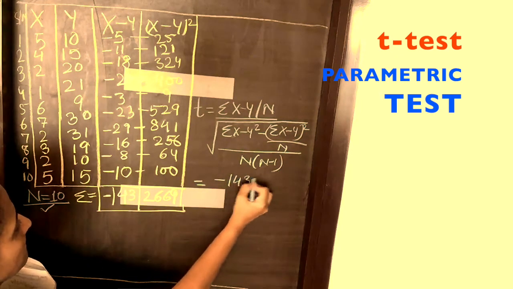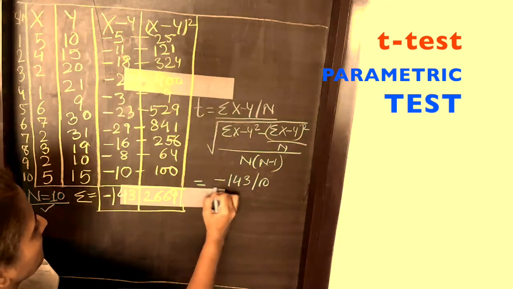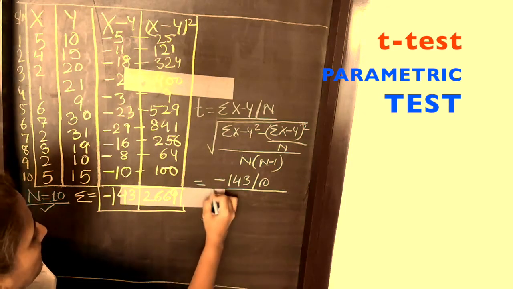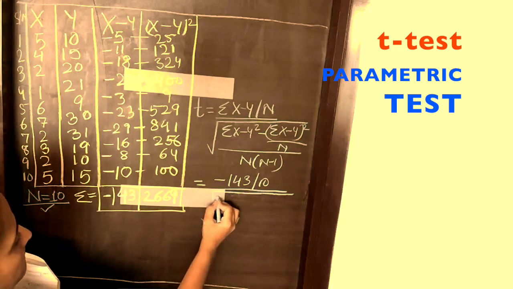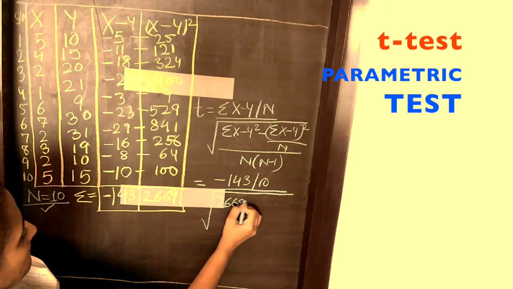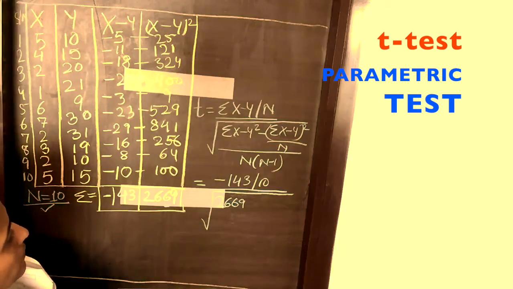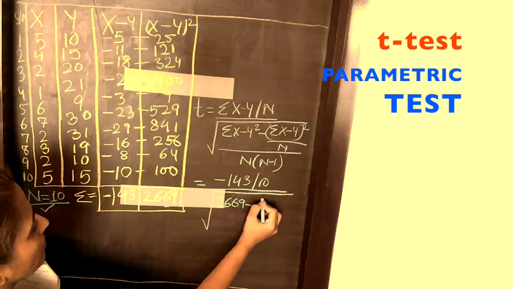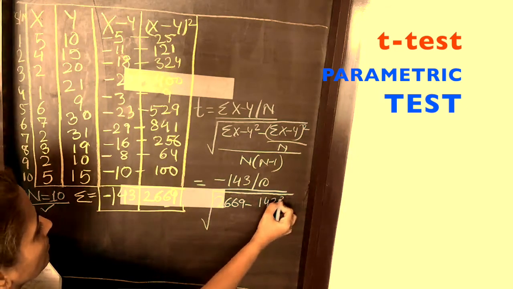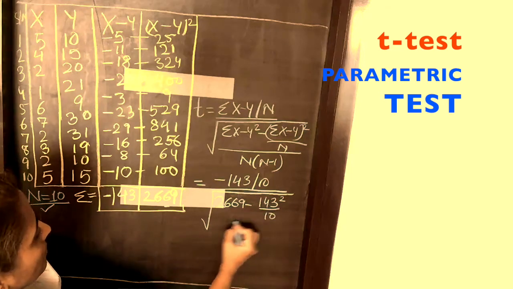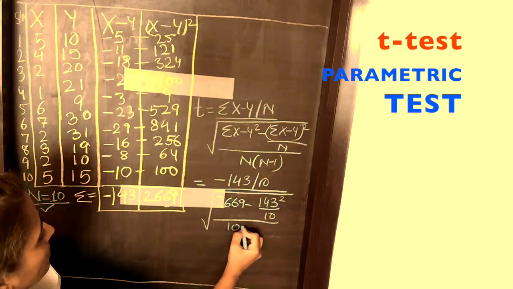This is very simple. So we are just putting the values that we got in this formula, like the sum of x minus y is 143, that is divided by n, that is 10. So now we are doing the square root of the calculation. So x minus y sum is x minus y square, the sum is 2669.